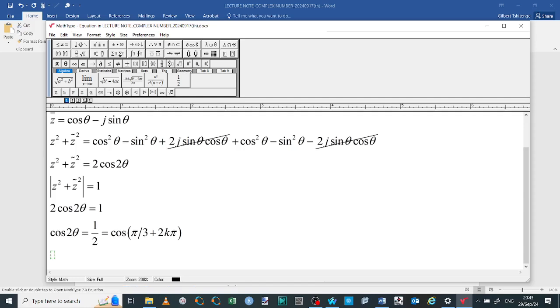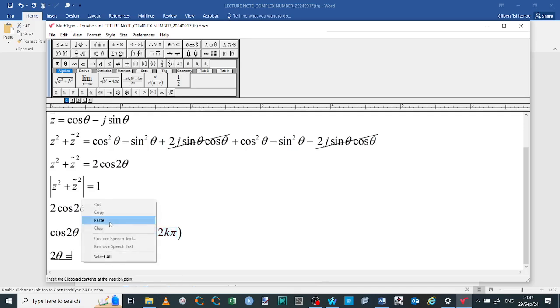Therefore, 2 theta, that's our first case anyway, 2 theta will be equal to pi over 3 plus 2k pi.